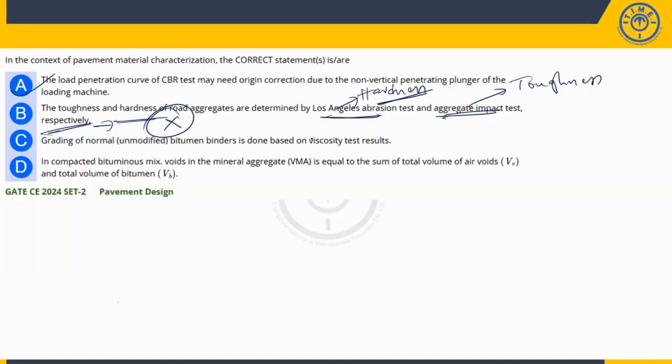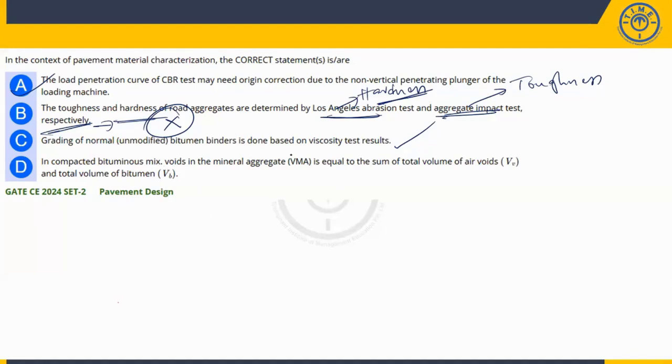Grading of normal bitumen binders is done based on viscosity test results. Yes, 100%. Because we have VMA, VMA equal to VB plus VV, percentage volume of bitumen plus percentage air voids. VMA is voids in mineral aggregate.